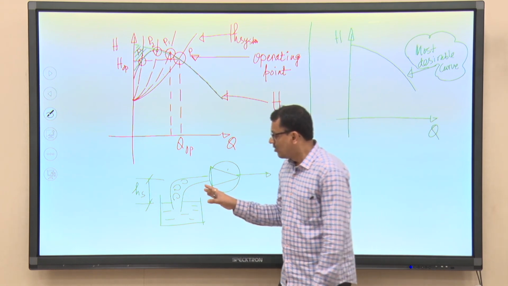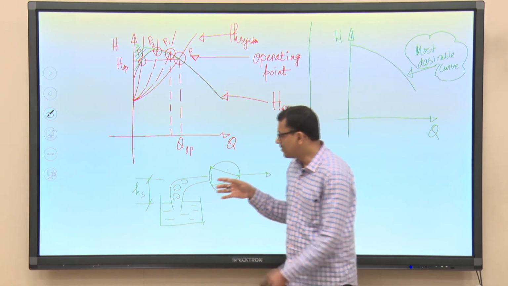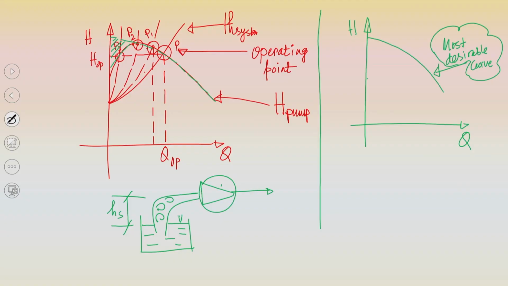So what is the driving force? This is open to atmosphere. Now, the atmospheric pressure acting on this free liquid surface, and the pressure at the inlet to the impeller, say Pi. So, PATM minus Pi, this is the delta P, and this is the driving pressure difference for the flow of liquid from the suction reservoir to the inlet of the pump, right.